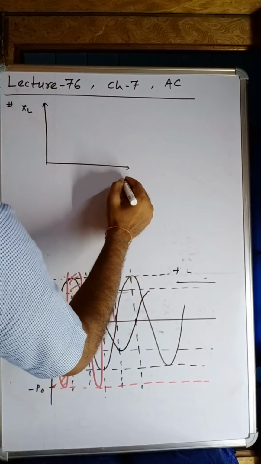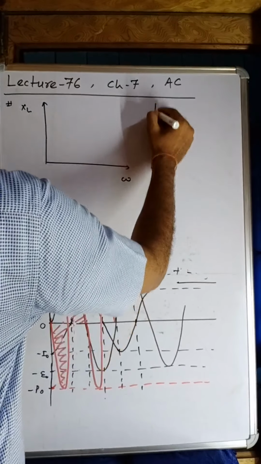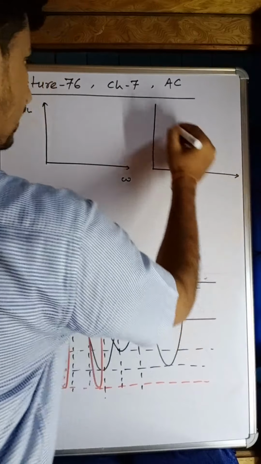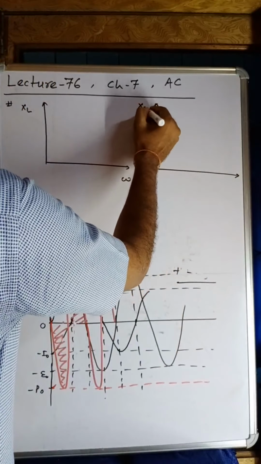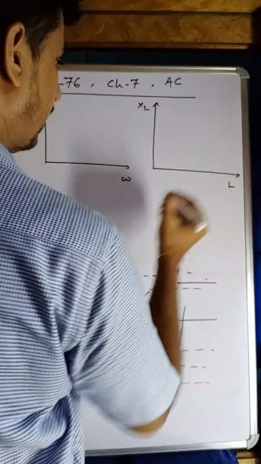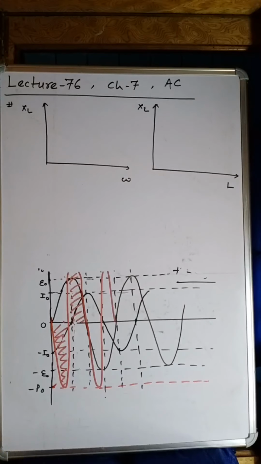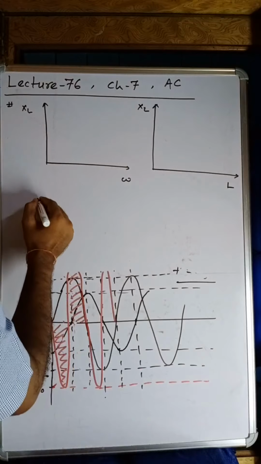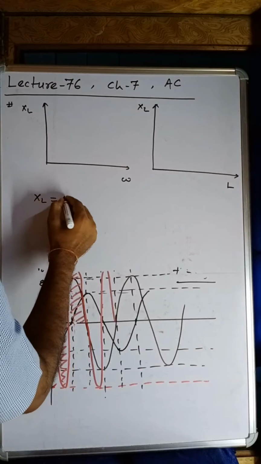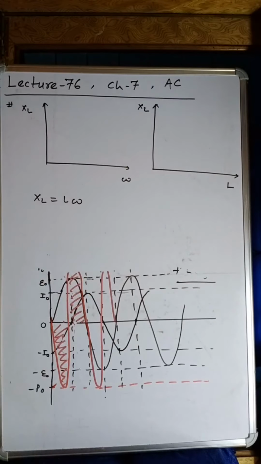Inductive reactance with angular frequency, and the second graph, inductive reactance with the inductance. Could you plot? Yes, you can. Try to plot. We know that XL is L times omega. Am I right? It is L times omega.